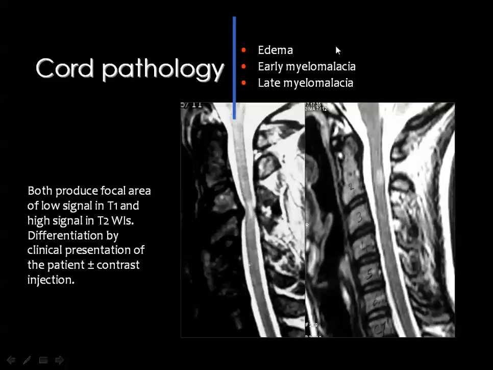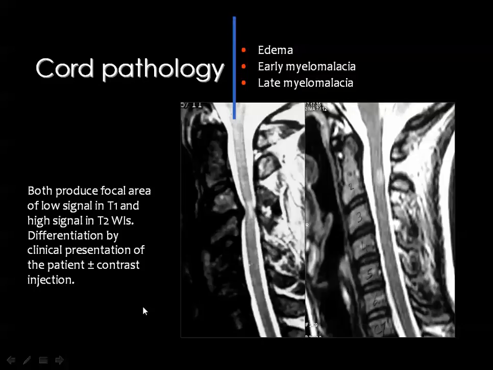Then how can you discriminate the three? Edema is a reversible change in the substance of the cord. Also, early myelomalacia is a reversible change. If you release the compression, this shadow will regress. But late myelomalacia will never regress, because this is permanent damage of the substance of the cord.